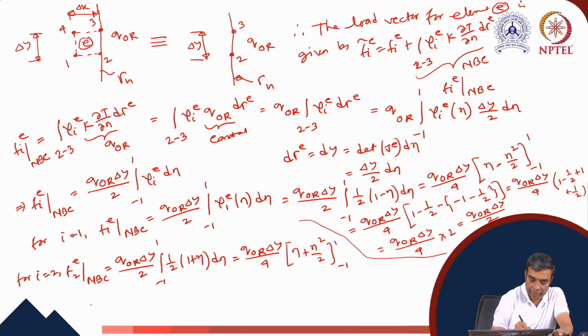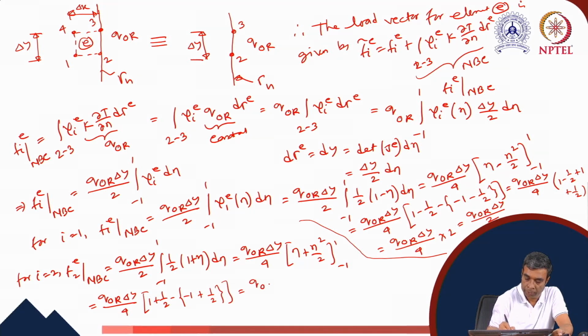This is given as Q0R delta y by 4, 1 plus half minus -1 plus half, equals Q0R delta y by 4 into 2 equals Q0R delta y by 2.